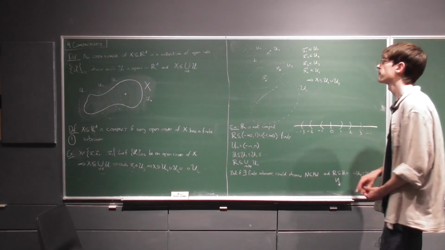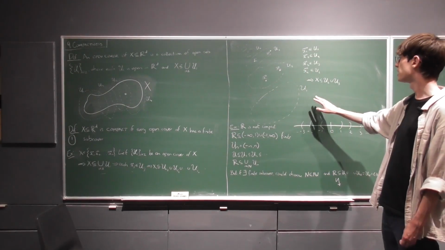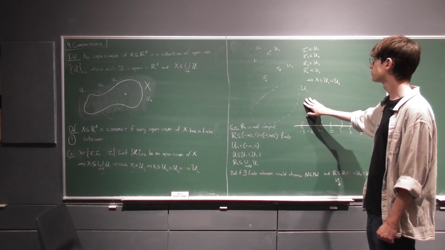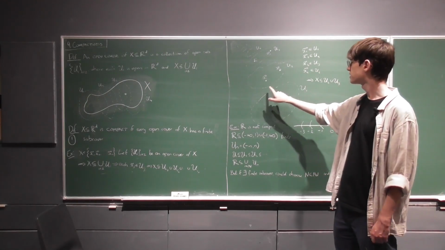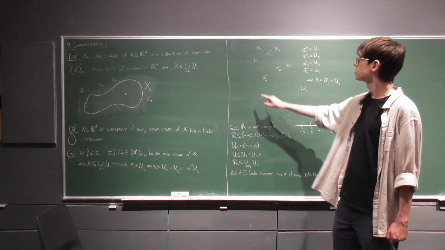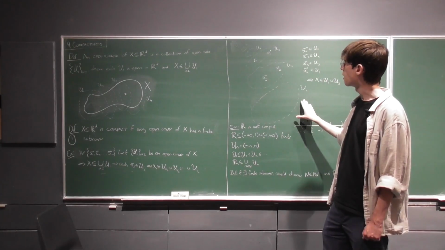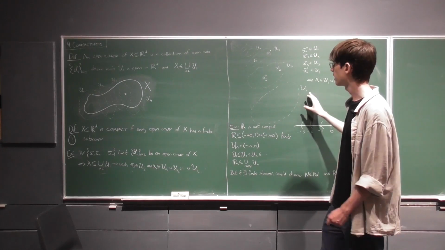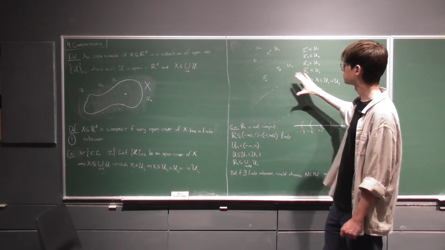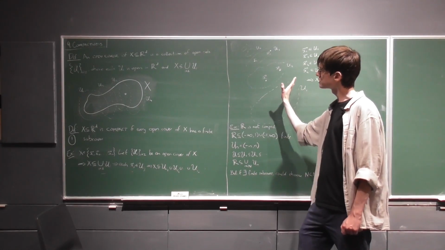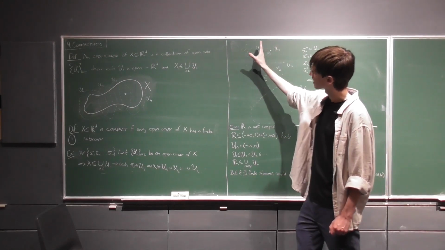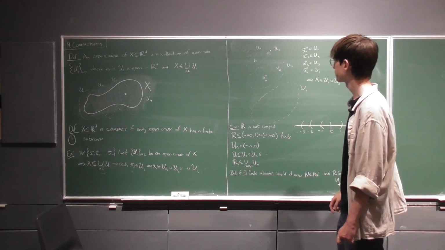So a drawing of this example, if we had this collection of sets, U1, U2, U3, U4, however the set is constructed, it starts big here and translates a little bit and shrinks, and again, keeps going smaller and smaller.